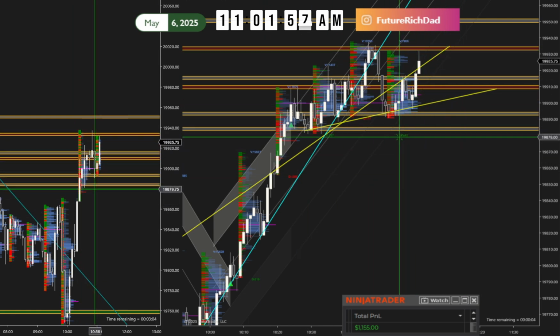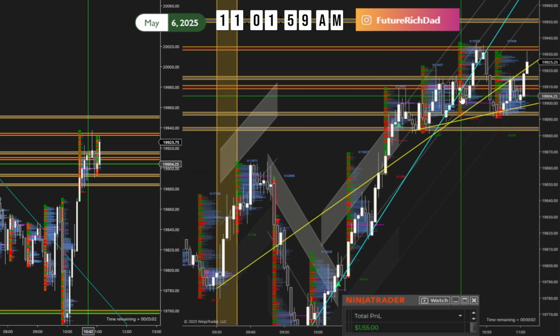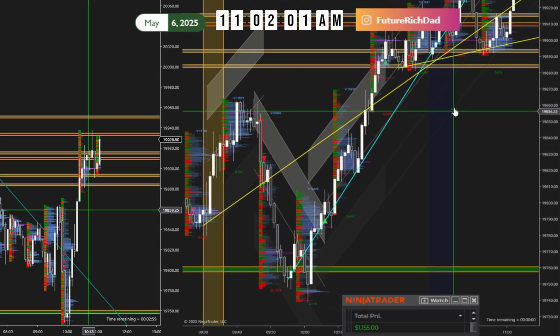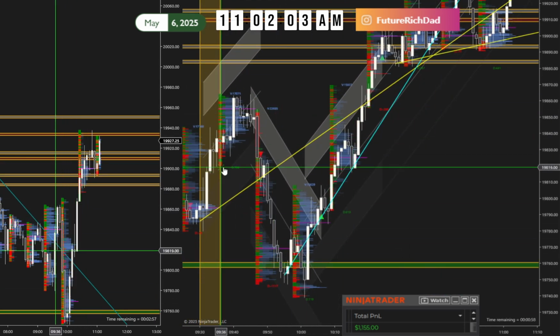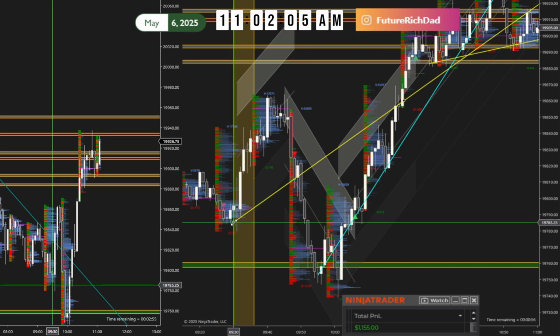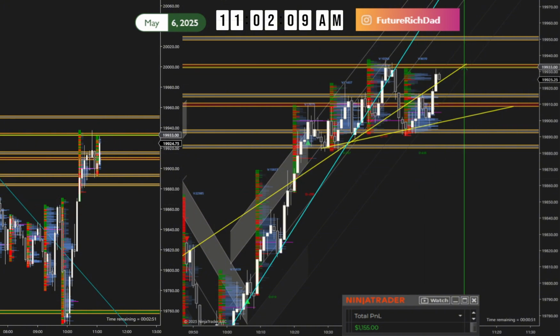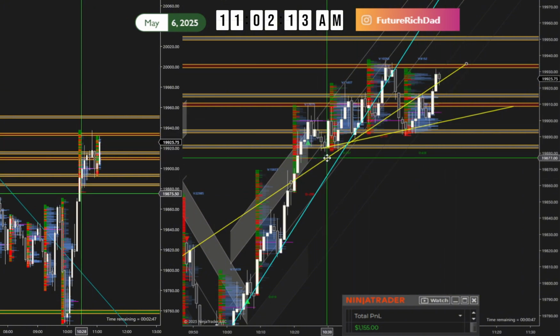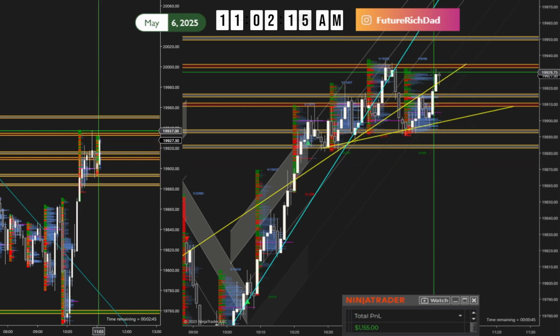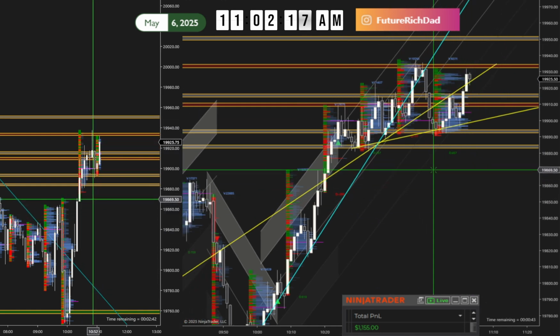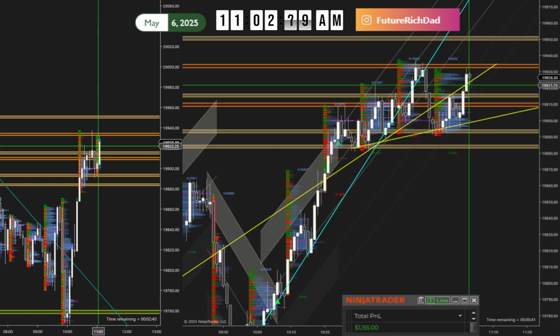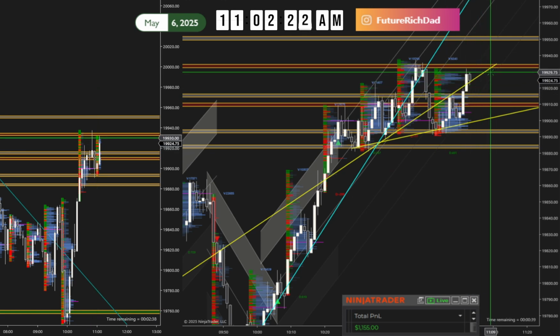Let's see. We also have that previous upward trend here. So this might be the bounce up to the side. It looks like that might be a bounce off this projected trend line here.